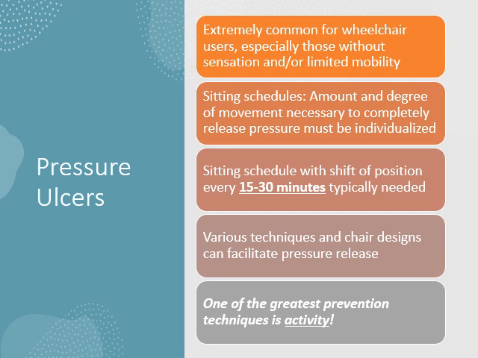It's going to involve routines, so sitting schedules. A patient needs to shift their position about every 15 to 30 minutes to help with circulation, to help relieve pressure from a spot. There are different techniques and different chair designs. We mentioned some of those tilt-in-space chairs. Those are used for pressure relief.